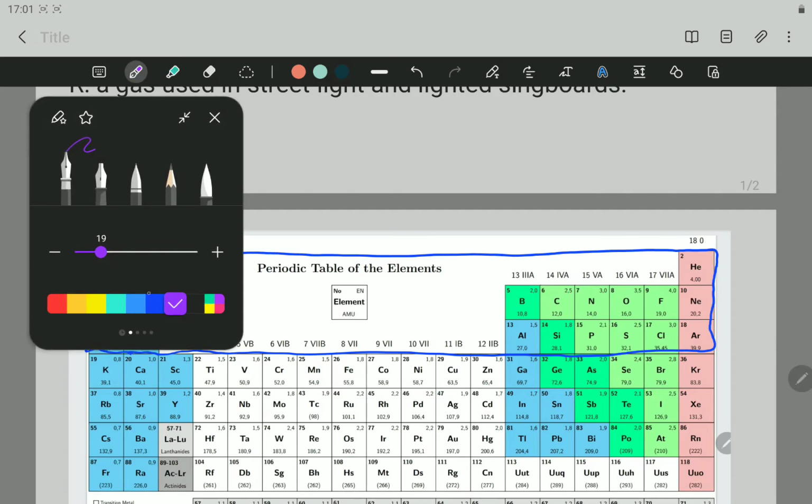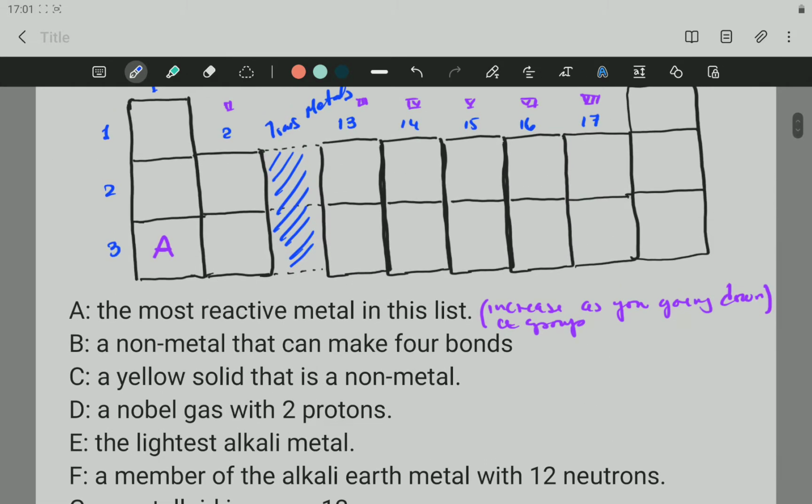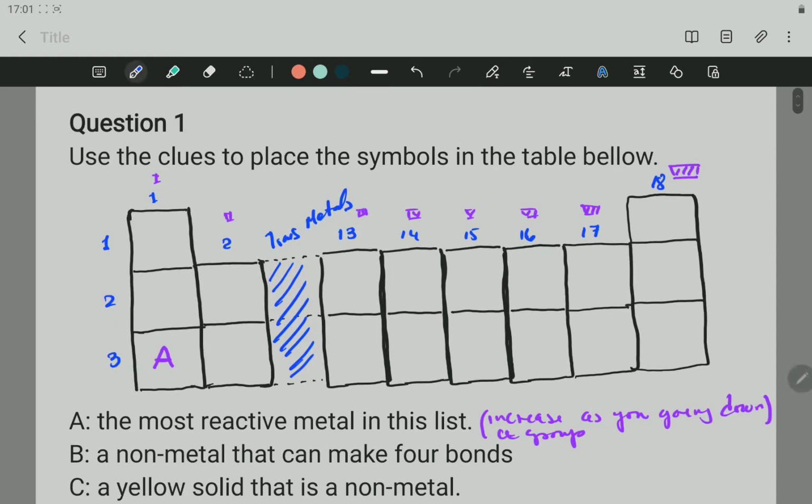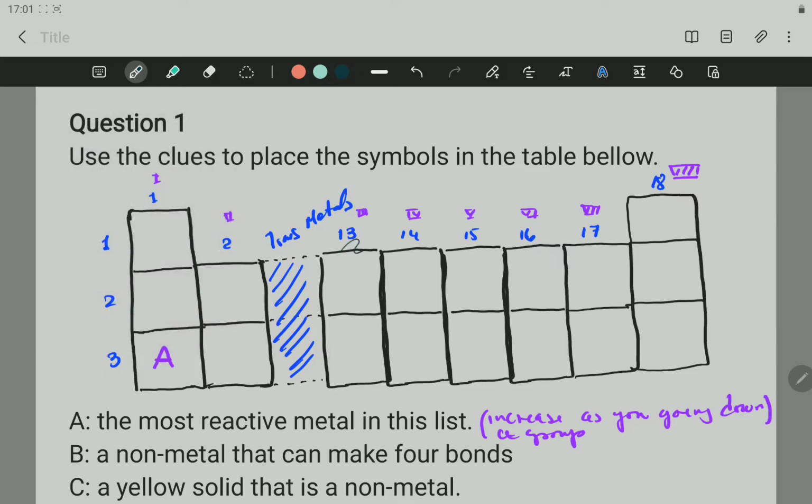Remember, this line here in group 13 is dividing the metals from the non-metals, and these elements here are going to be the semi-metals, group 13 and 14, period 3. Let's use another color and come here to group 13. This one here will give you the semi-metals.